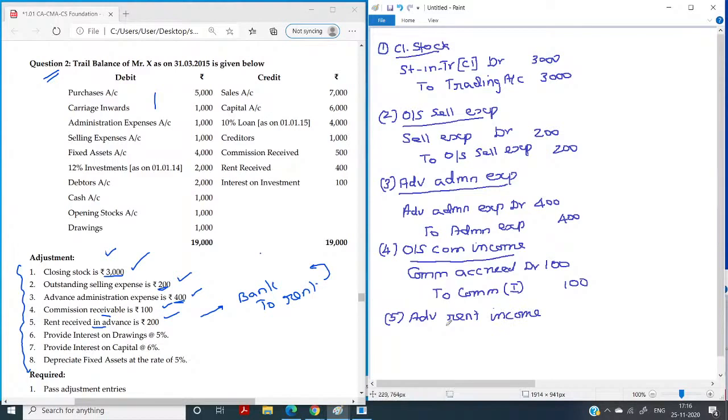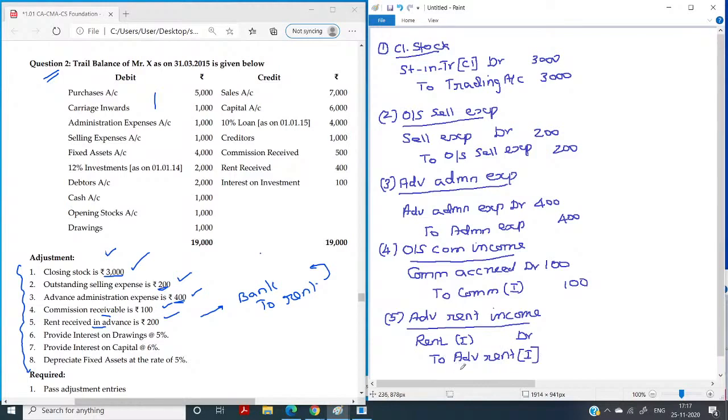In this case, as you have received, you are liable. Rent income is usually credited, but it is not as such now enjoyable. So the rent income account should now be debited to the party, rent received in advance or advance rent income account.